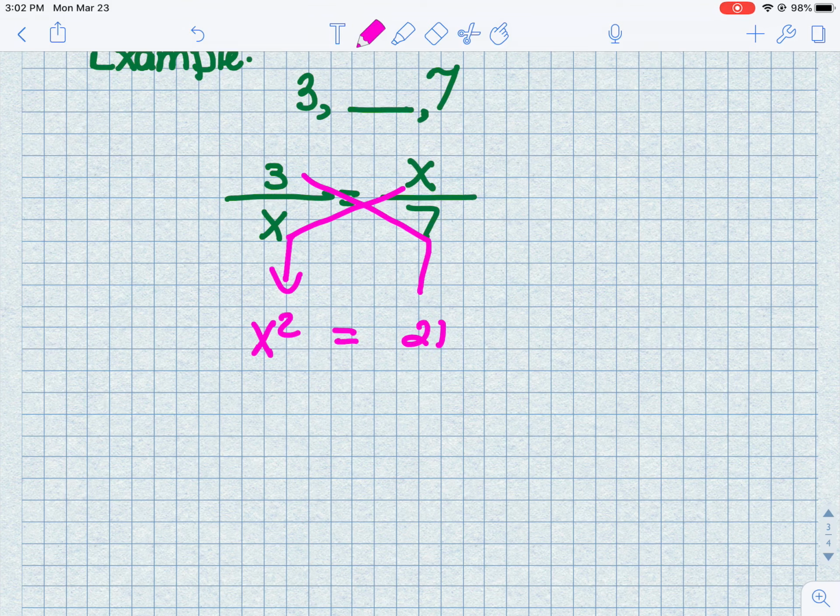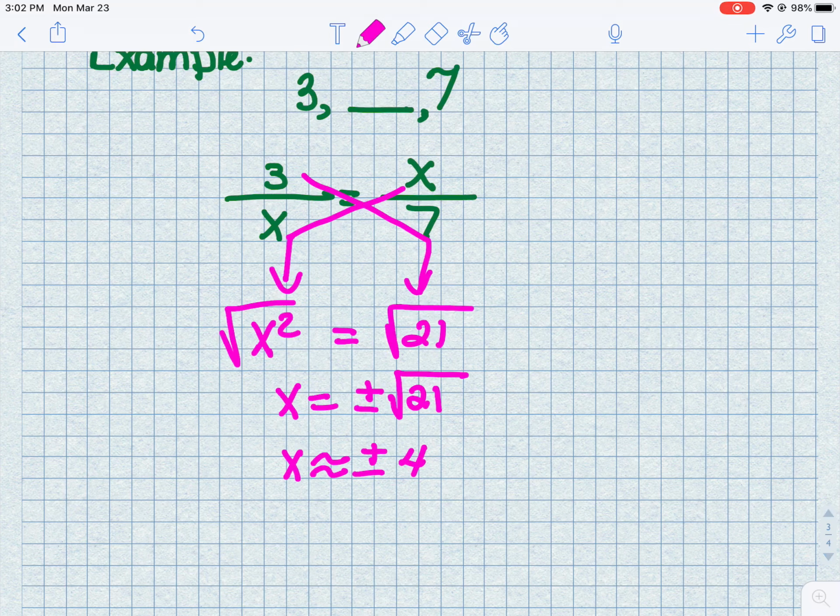Now last unit, we talked about leaving it in radical form. So if we square root both sides here, you could give me x equals plus or minus, don't forget that plus minus, square root of 21. And then the decimal form would have to be approximated. It would still be plus or minus 4.58.